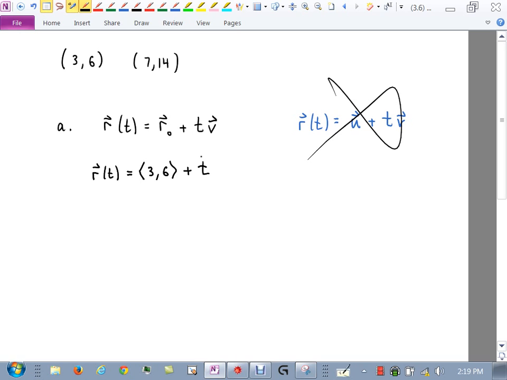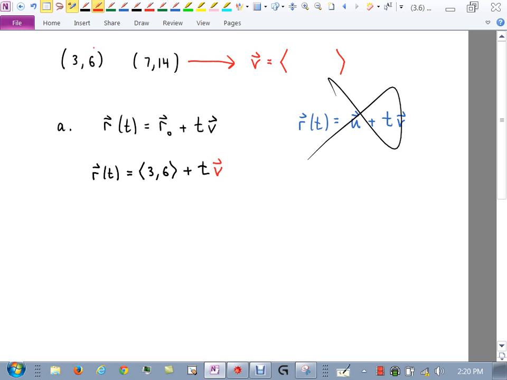But remember, what was v? Not distance. It's the vector that lies on the line, right? You could use the vector that connects the 2 points together, couldn't you? That v has to lie on your line. So why don't you just come up with the vector connecting those 2 points? Does it matter which way I connect them? No, I can go either way.